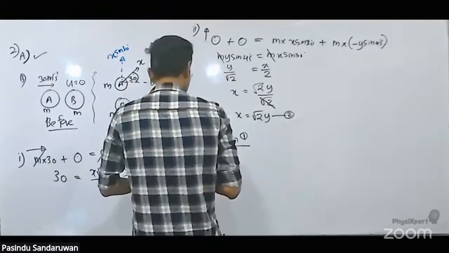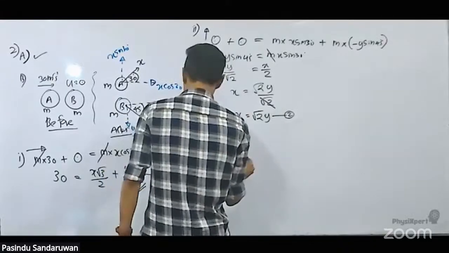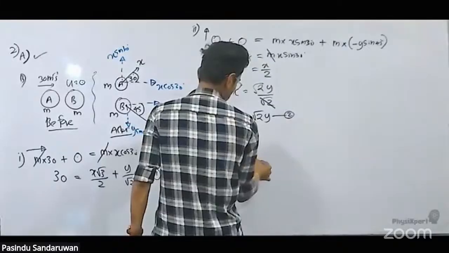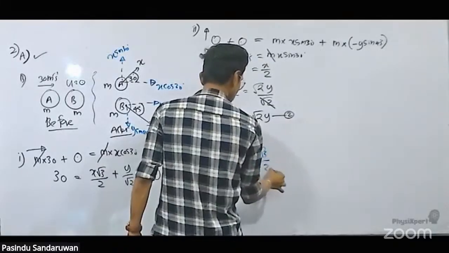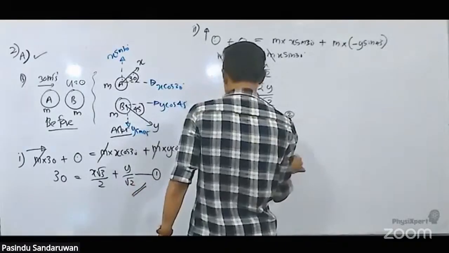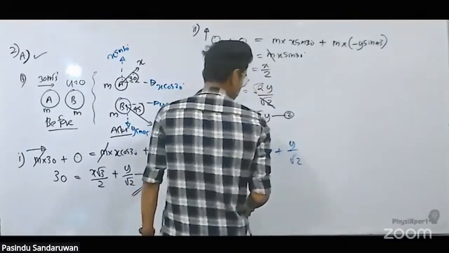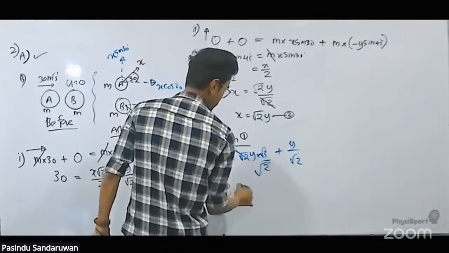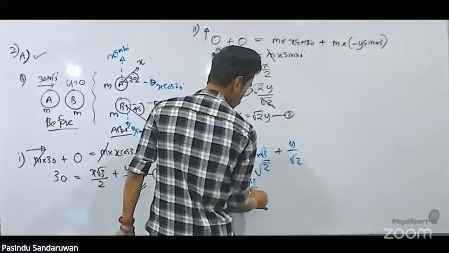30 equals, x is root 2y. Let's find y first. X equals root 2y into root 3 over 2. Right? Then root 2 to this cancels, root 2 plus y over root 2. Yeah, it simplifies. Then 30 equals y over root 2 is common.